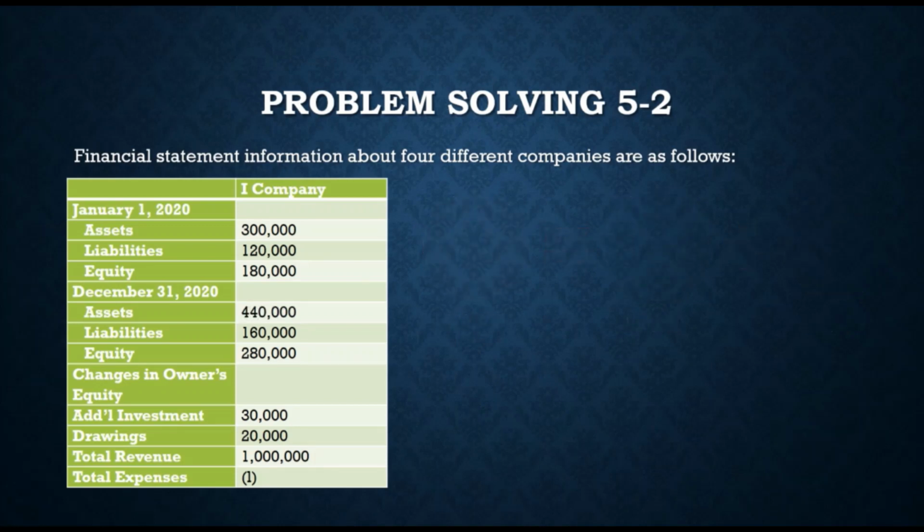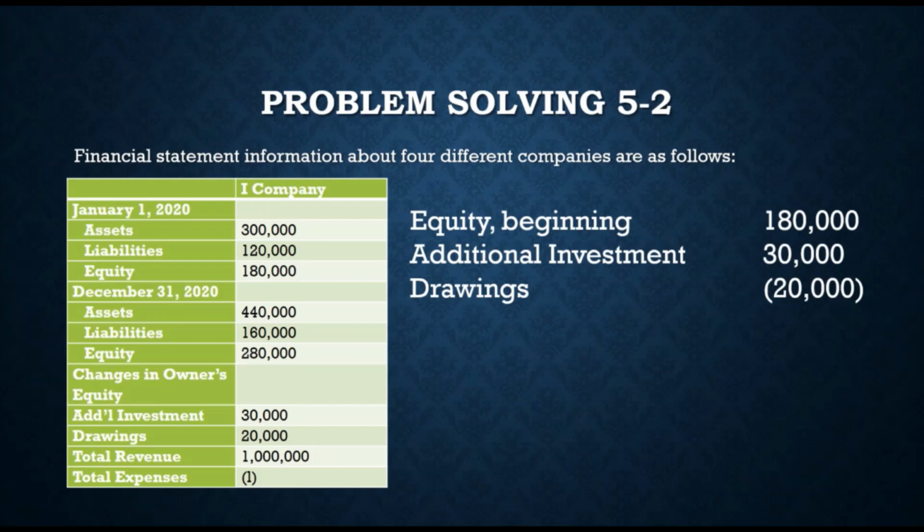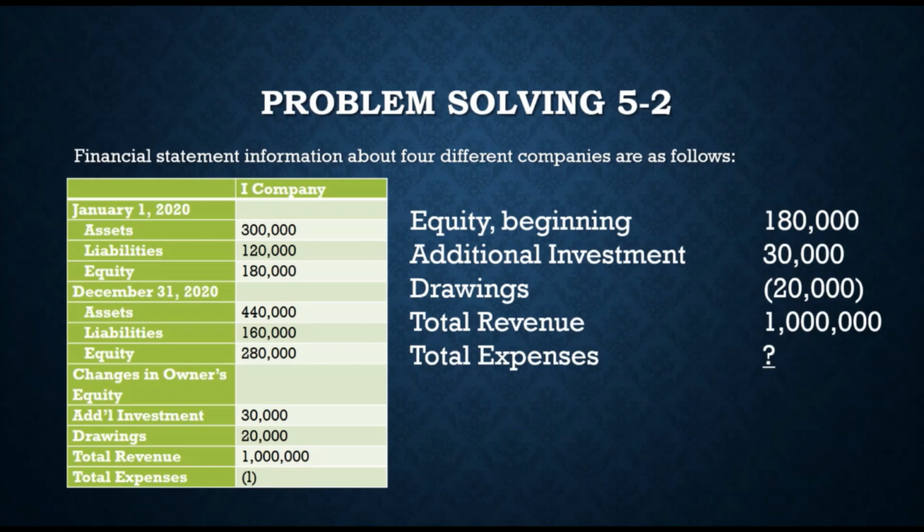So, sa letter L naman, meron tayong equity beginning na 180,000. Then, may additional investment na 30,000. May drawings na 20,000. And may total revenue na 1 million. Then, ang nawawala naman ngayon is yung total expenses. And may equity ending tayo na 280,000. So, para makuha natin yung total expenses, mag-work backwards tayo.